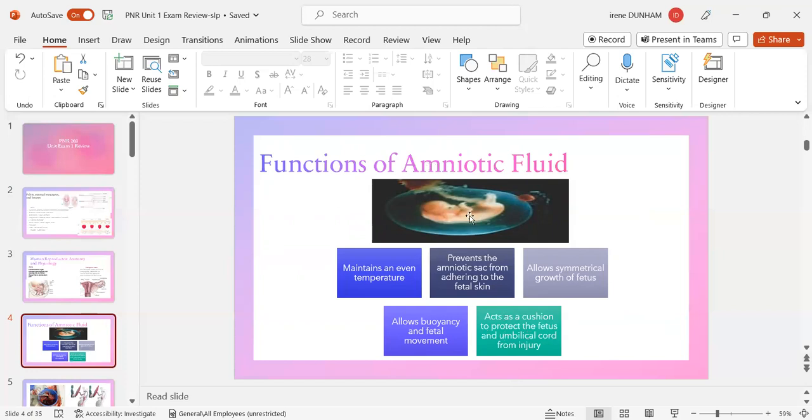Like if mom takes a fall or something, that sac is protecting that little fetus in there. Okay. And of course, the umbilical cord, which is your baby's lifeline right there. And in the umbilical cord, you remember the mnemonic AVA? That means 2 arteries and 1 vein. All right. So that's the amniotic fluid.